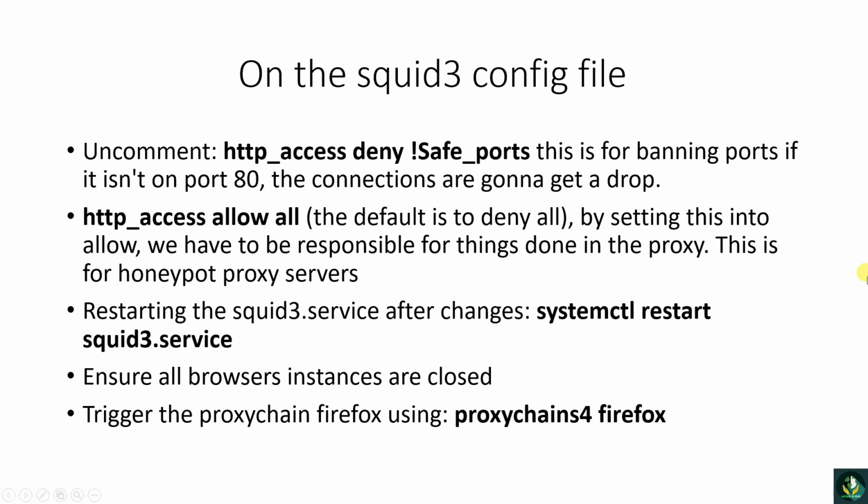By setting this to allow, we have to be responsible for the things done on the proxy, and this is for honeypot proxy servers. So restarting the SQL service after changes like this, typing this, it will automatically restart.